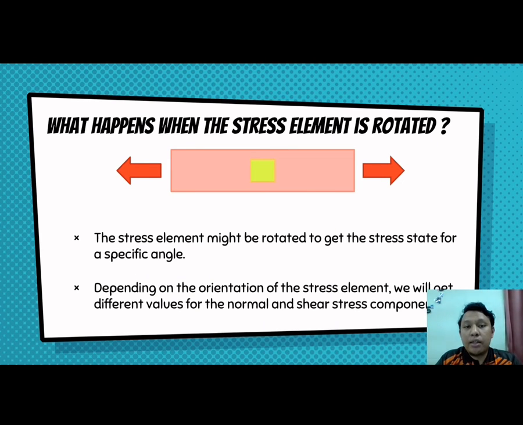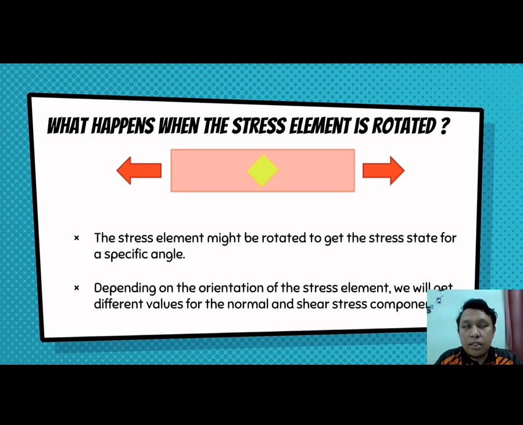What happens when the stress element is rotated? The stress element can be rotated to get the stress state for a specific angle. Depending on the orientation of the stress element, we will get different values for the normal and shear stress components.